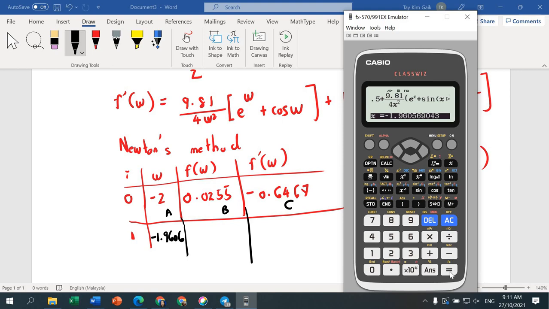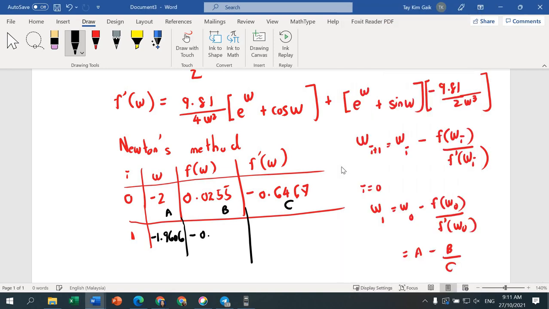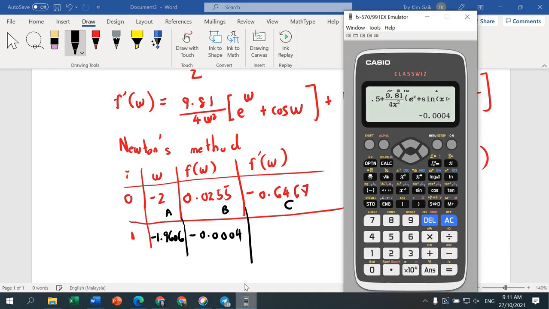If you accept this one, you press equal. Now I get -0.0004.